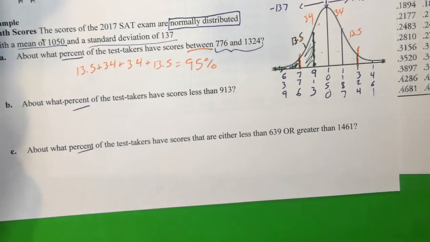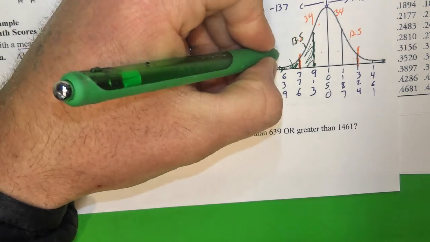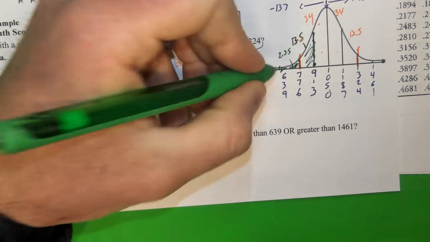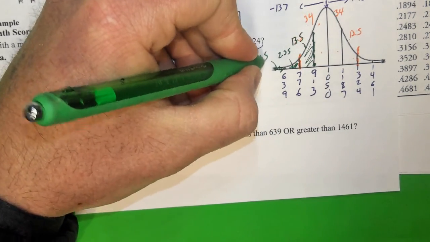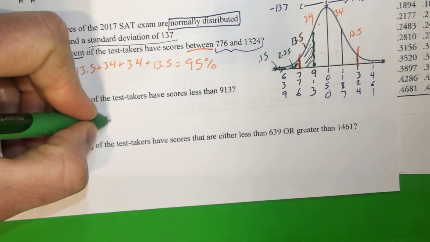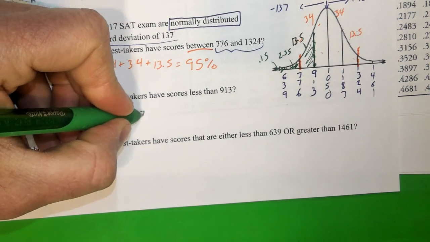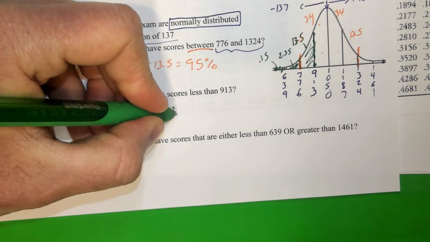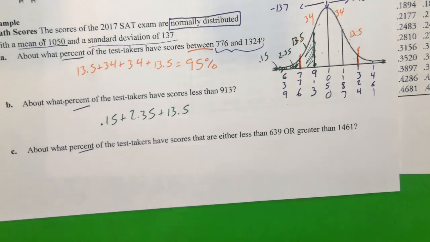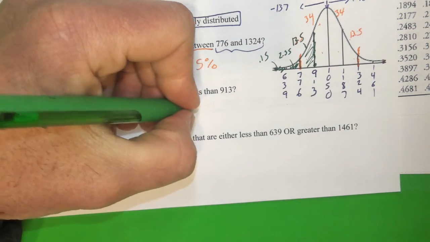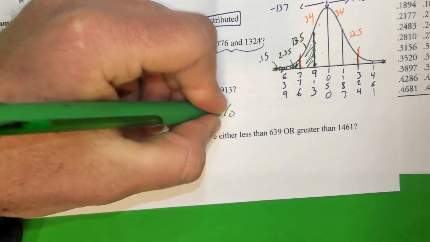We have our 13.5 for our medium-sized bar, our 2.35 for our small bar, and our 0.15 for our microscopic bar. When we add up those values together, we are going to get the percentage of people who didn't do so great, not so hot on the SAT. And luckily, there's only 16% that didn't do so great.